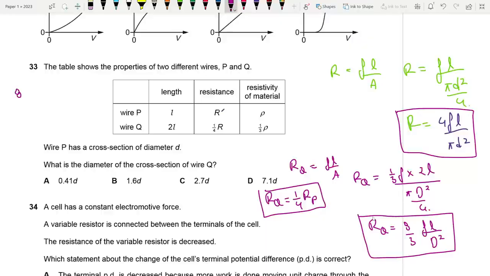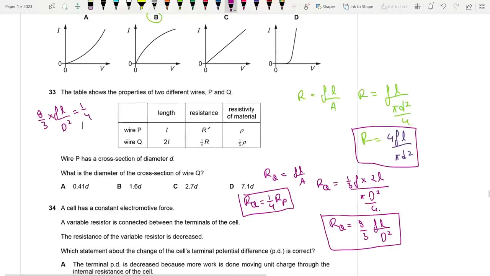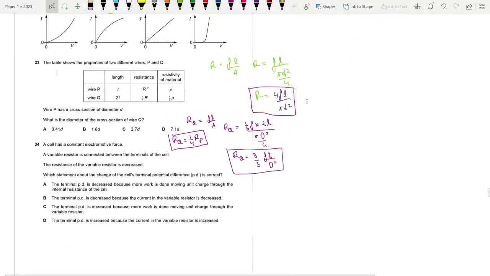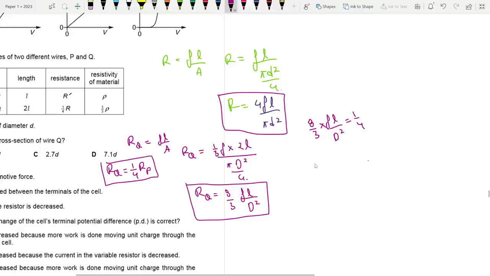We can write 8 by 3 into rho L by D square is equal to 1/4 of 4 rho L by pi D square.